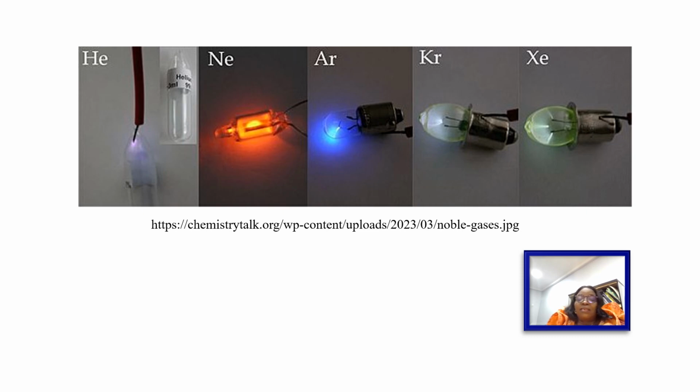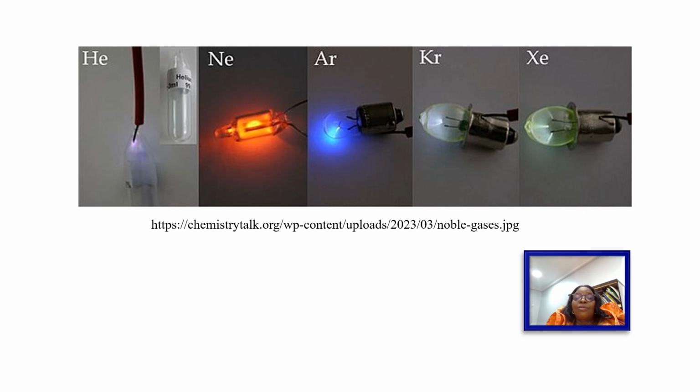These gases, how do they form light? The noble gases are often used in fluorescent lighting and discharge lamps. This is because they easily emit electromagnetic radiation. If an electrical discharge passes through a noble gas at low pressure, the gas will glow, as seen in the image below.